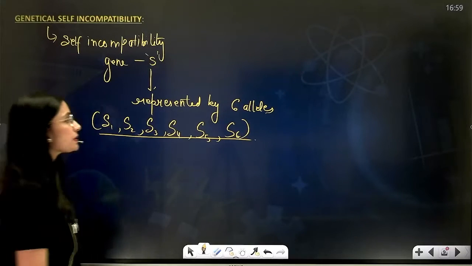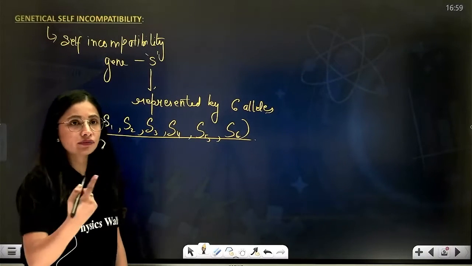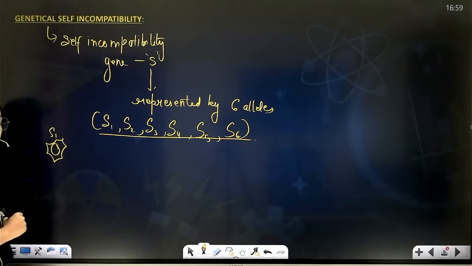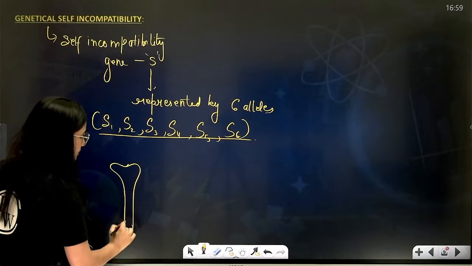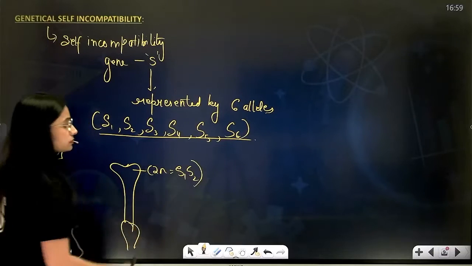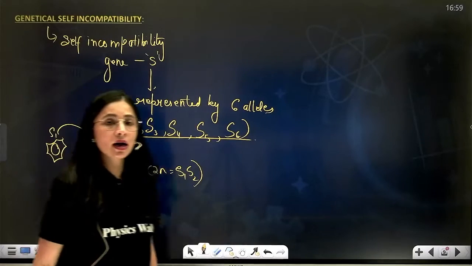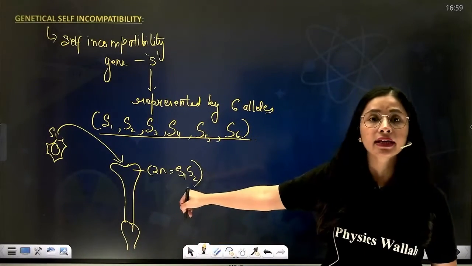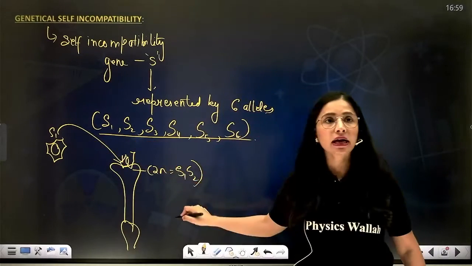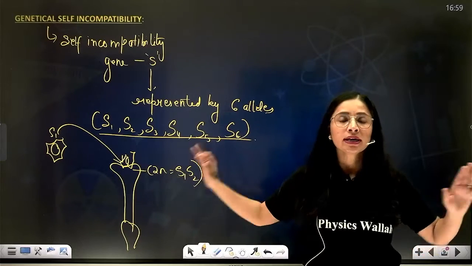Right? Now what happens, suppose the pollen grain, which is haploid, will contain only one allele out of the 6. Suppose this is my pollen grain which is carrying the S1 allele of the gene, and this is the stigma which is diploid, so it will carry any 2. Now if this pollen grain having the S1 allele falls on the stigma, then because the stigma itself has S1, even if it falls, due to the same allelic combination, this pollen grain will not germinate on its own stigma.